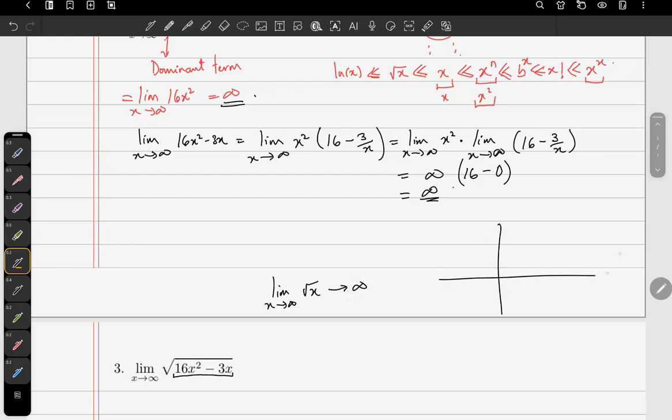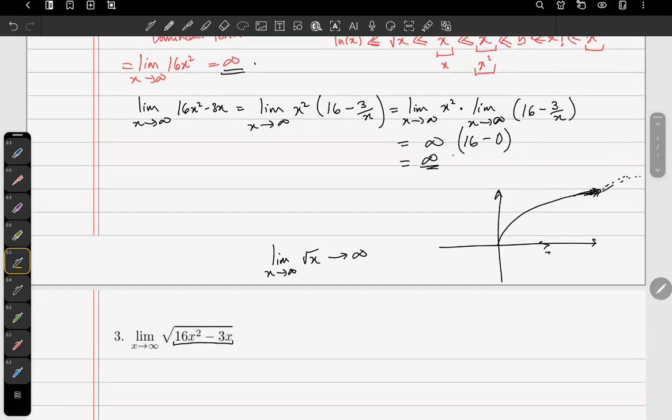Because in fact, when you look at the graph of square root of x, which looks like this, as x goes to infinity, this guy, even though it's going slowly, is also going to infinity. So it's no problem to find the square root of, in quotes, infinity. Again, like I said, the problem is subtracting infinity from infinity or dividing infinity by infinity.